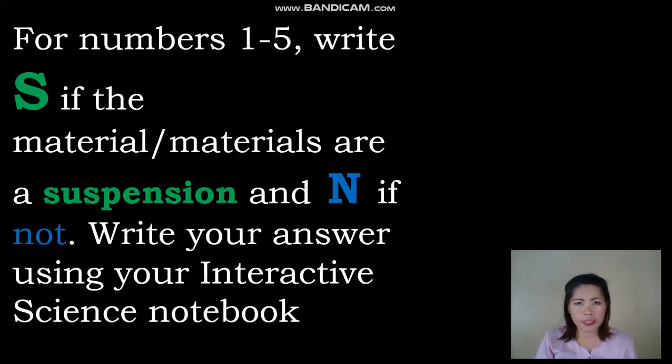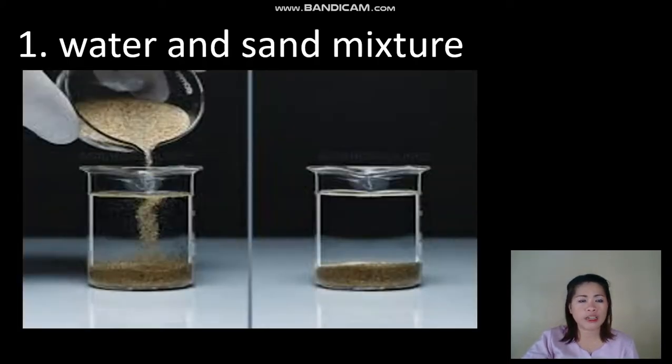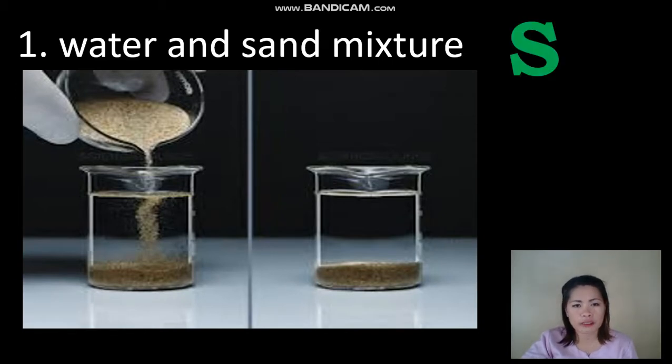Now, are you ready for my activity? What you will do is write S if the material is a suspension and N if it is not. Number one, water and sand mixture. This is the mixture of water plus the sand. What do you think? Is it a suspension or not? Let's see. Yes, it is S for suspension, wherein the sand settles down at the bottom of the beaker.